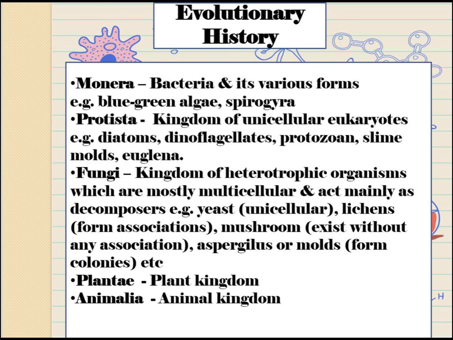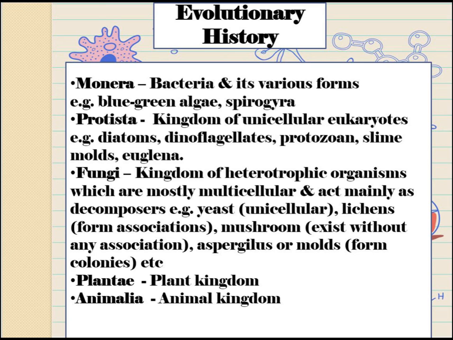So first came the Monera, the bacteria and all, the monocellular living organisms. Then comes the Protista, then the Fungi, then the Plantae, then the Animalia. Now what are the Protista? Kingdom of unicellular eukaryotic cells, like diatoms, dinoflagellates, then protozoans.